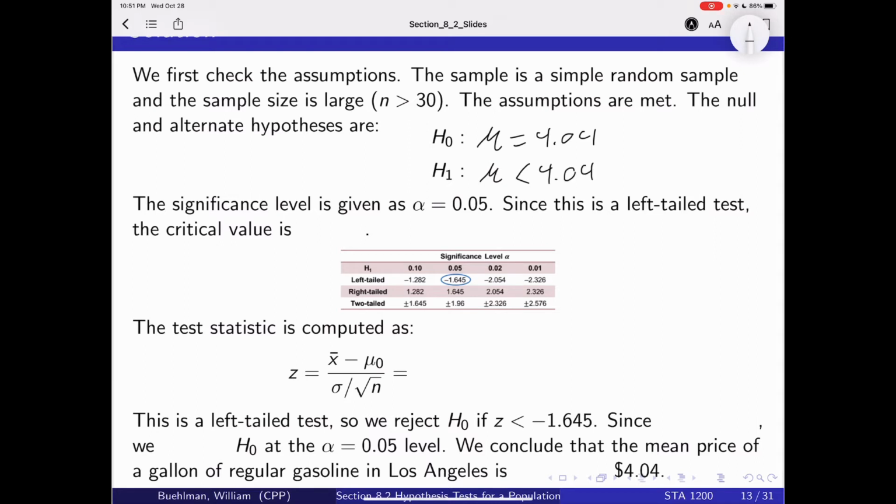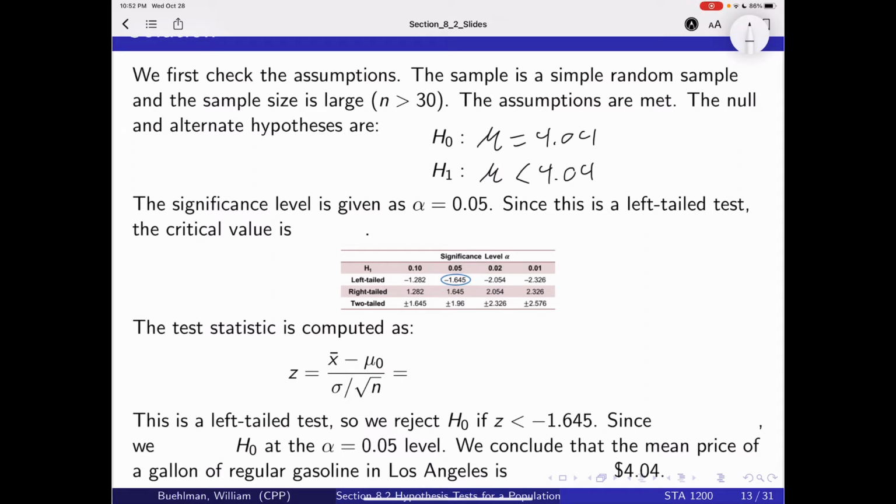So that is our null and alternative hypothesis. The significance level was given as alpha equaling 0.05. Since it's less than, this is a left-tailed test. So we look at this table, and we see at 0.05 for a left-tailed test, circled here, the critical value is negative 1.645.